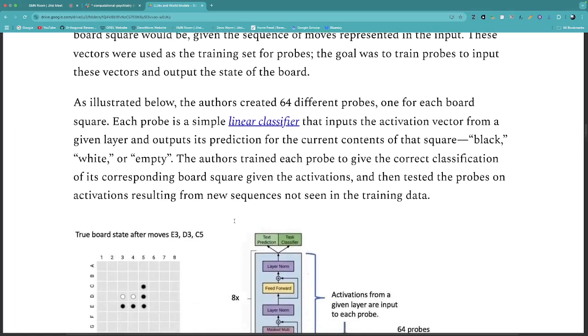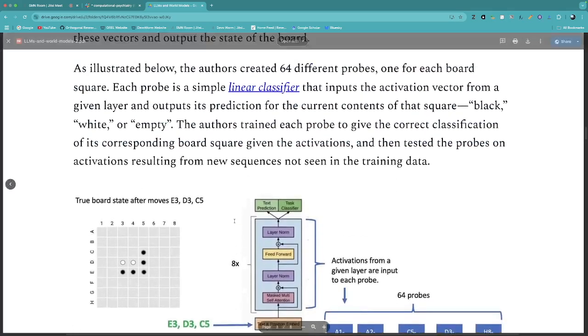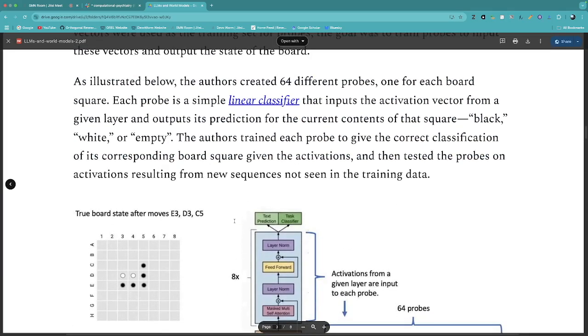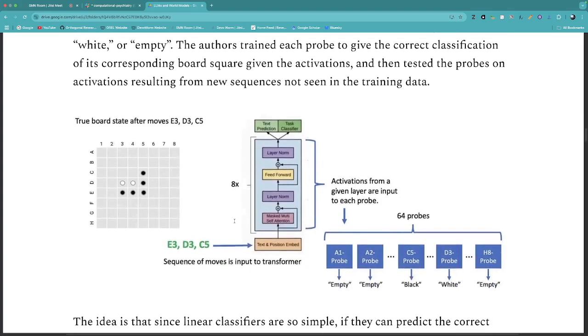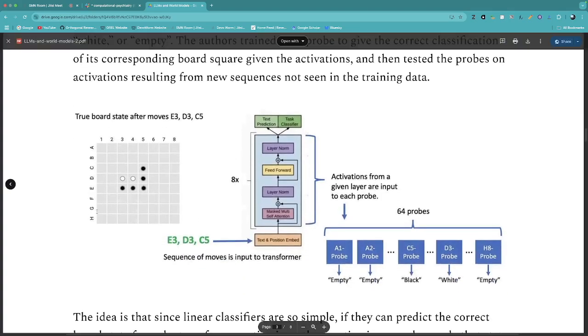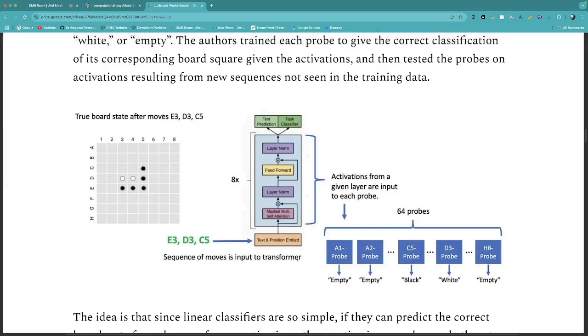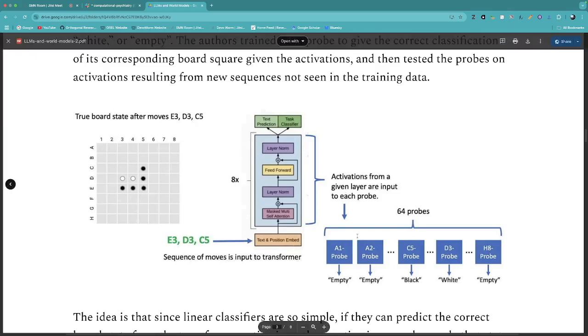This is illustrated below, and there's this figure here. The authors created 64 different probes. Each probe is a linear classifier. So this is where you have the true board state after different moves. You have this sequence of moves as input to the transformer.